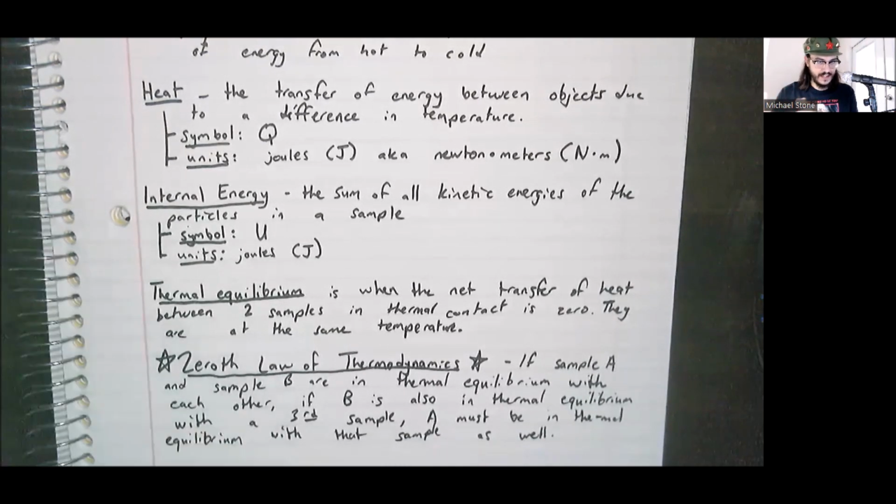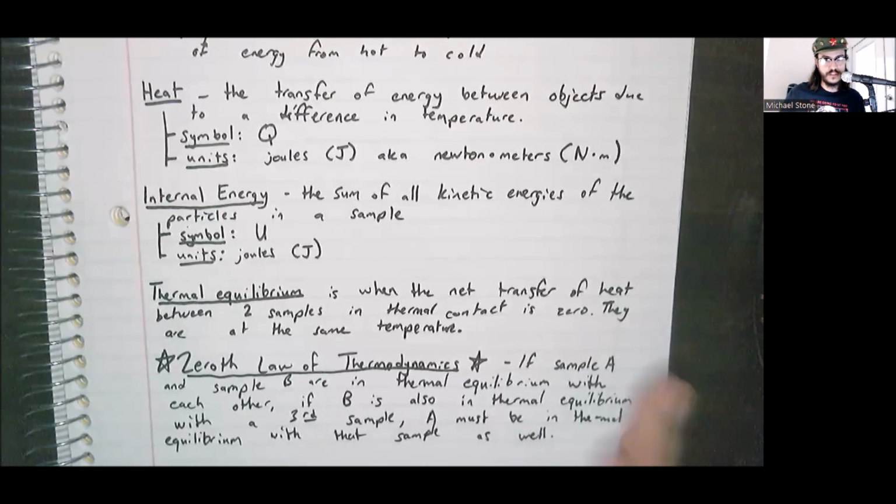So if A is in equilibrium with B and B is in equilibrium with C, then A must be in equilibrium with C.